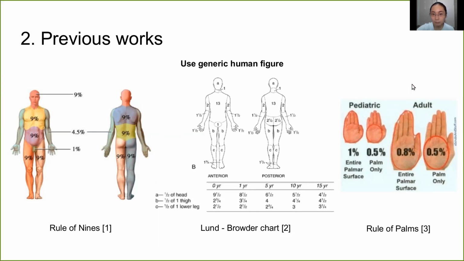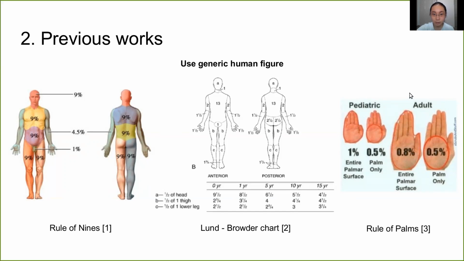Meanwhile, rule of palms is the simplest one compared to other methods. It only uses the size of a person's palm to determine how big the wound size is over the TBSA. And it was based on the observation that the palm of an adult with and without fingers is around 0.8 and 0.5% of the surface.